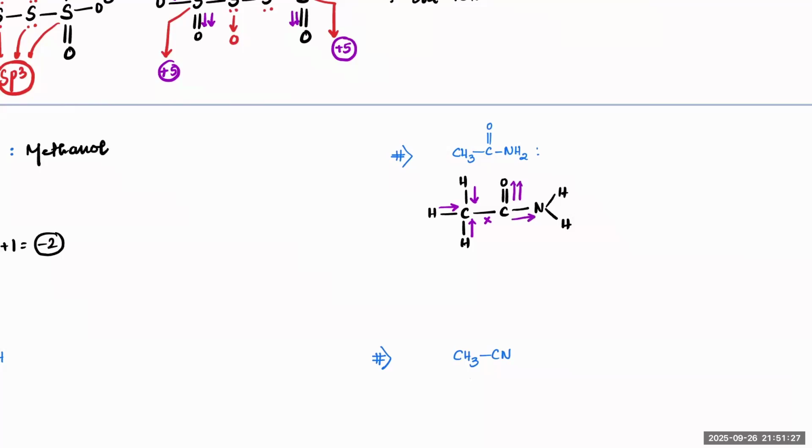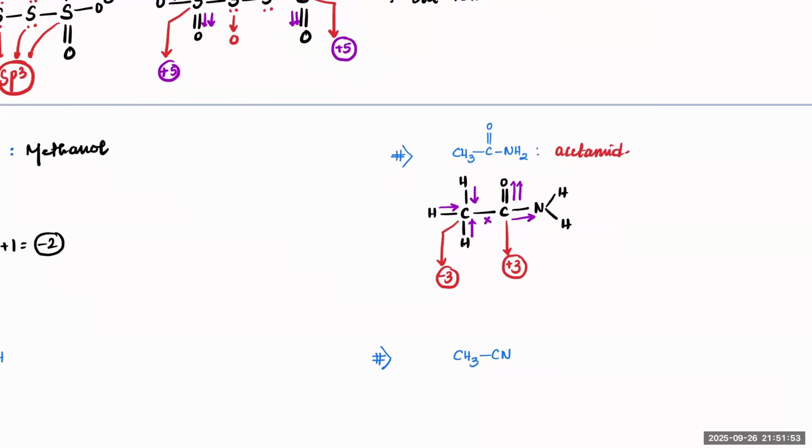Thus, for this carbon here, the oxidation state is -3. And for this carbon here, it is +3 because it is two losses, total three losses on the right hand side as well as upside. Okay. So these are the oxidation states. So this is simply acetamide.